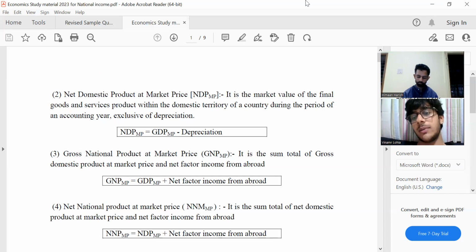Okay, keep the session around 9 and before that I'll solve the question paper. 9 in the morning or in the evening? Evening. So you want one session only, or do you want more sessions on the 23rd? One session only. One session, okay.